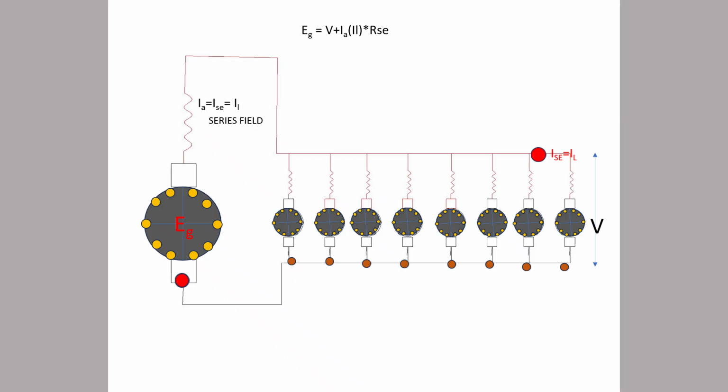It is rectified to DC, but it is a pulsating DC, so we use a reactor and capacitor, and the inductor smooths the changes in the voltage.